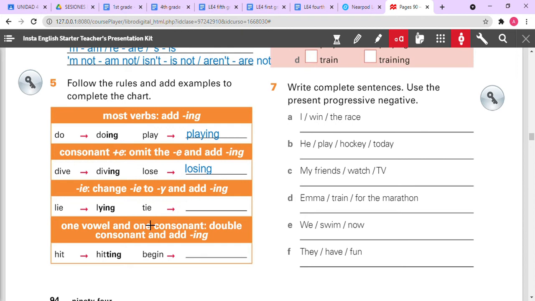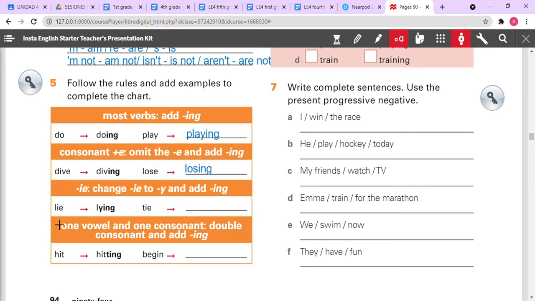Now let's continue. Rule number 3. IE. Change IE to Y and add ing. There are few verbs. There are not a lot for this rule. Lie, for example, lie and tie. What does the rule say?